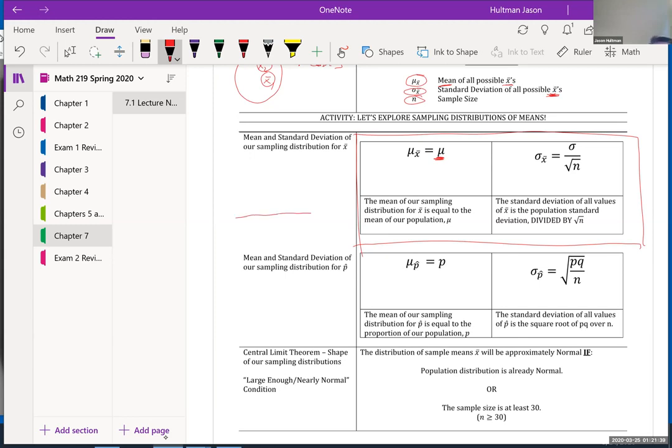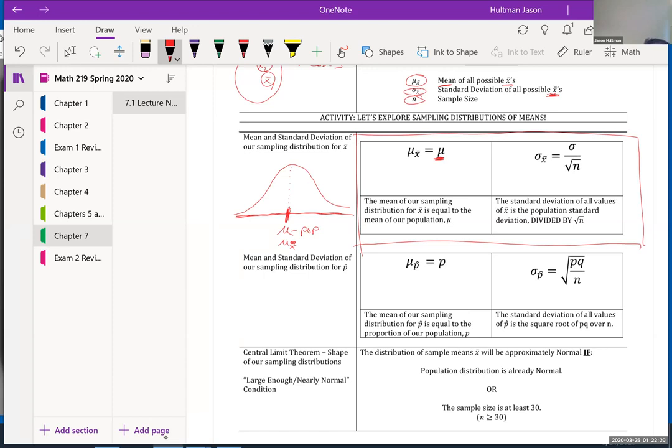So if I have the entire population, and it has a mean, then the mean of all of the samples will also be the mean of the population. The sample mean and the population mean will be equal. They'll be the same value, right in the middle here.